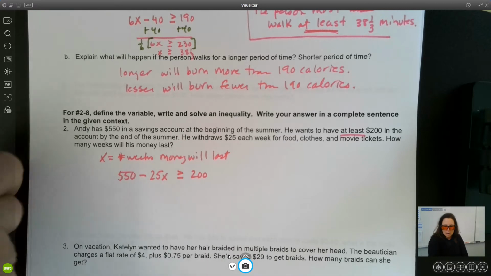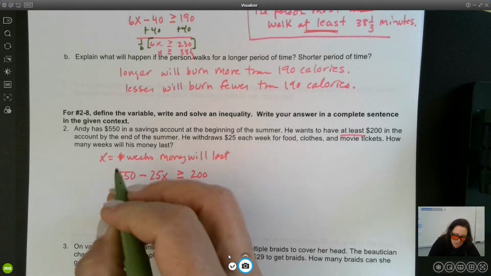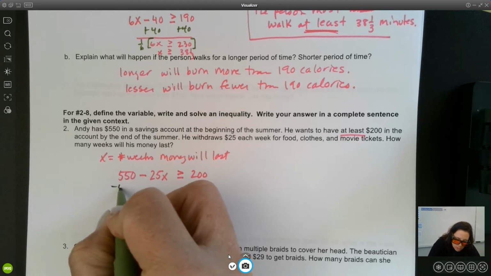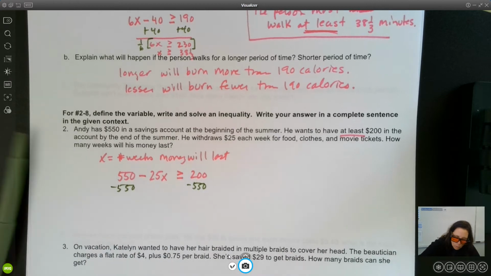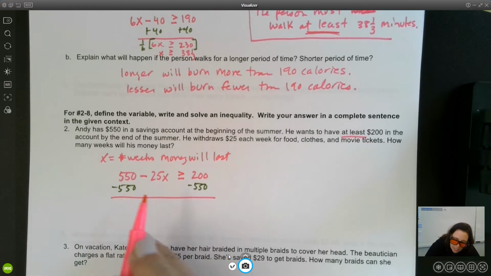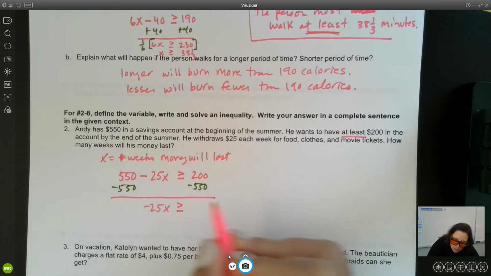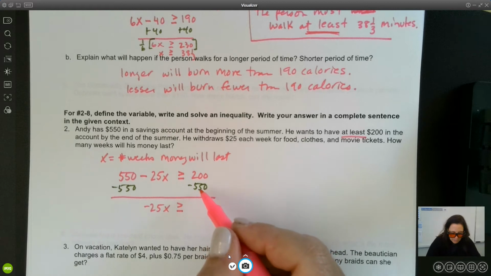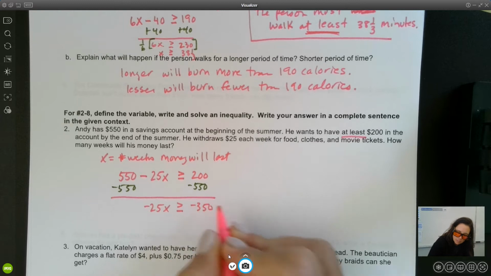Now, solving it shouldn't be the issue. This 550 needs to get out of there, and it's positive, so we subtract 550 from both sides. Notice that we've got a negative 25x. Don't lose that negative. It is greater than or equal to negative 550 plus 200, which is negative 350.